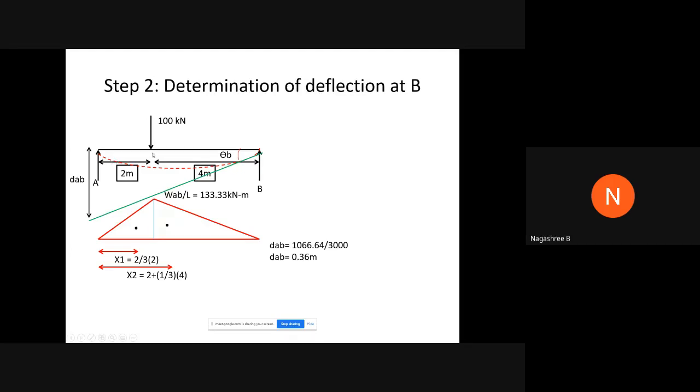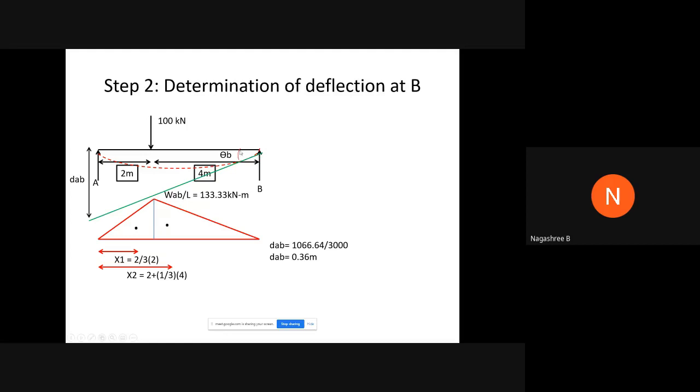I just repeated. Before the application of load, AB is the beam, which is in the straight position. After the application of 100 kilonewton of the load, the beam will be in this shape, which represents an arc.